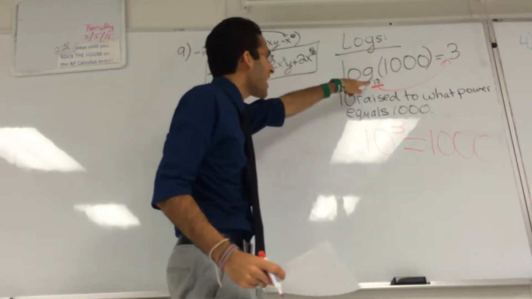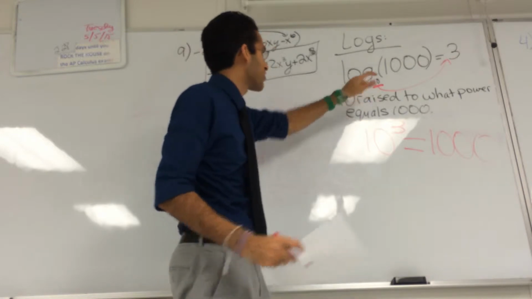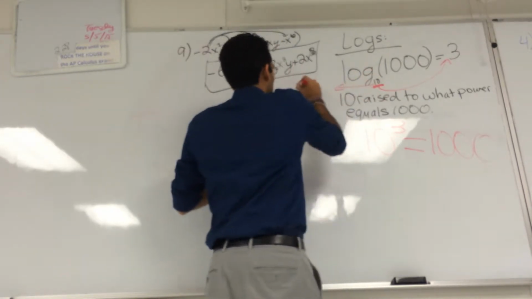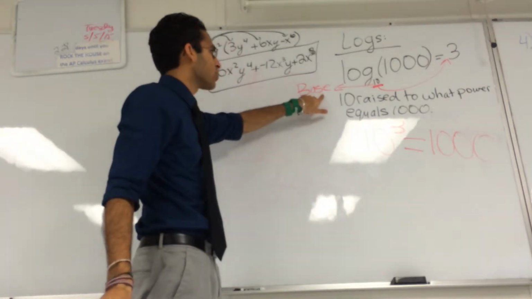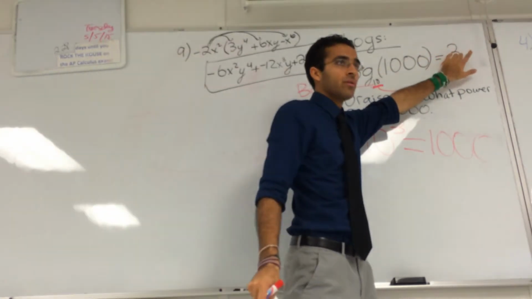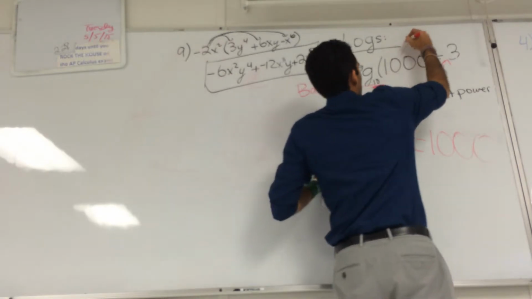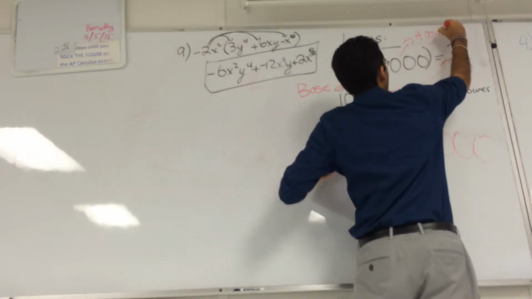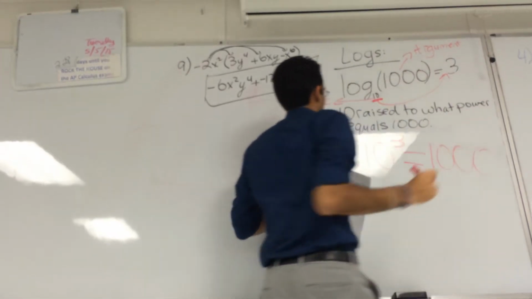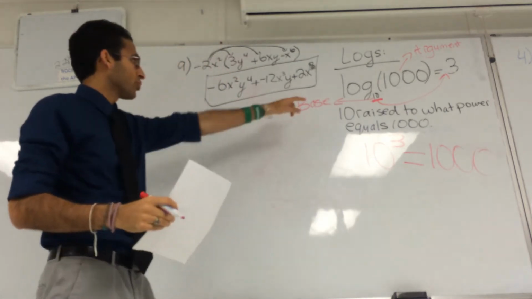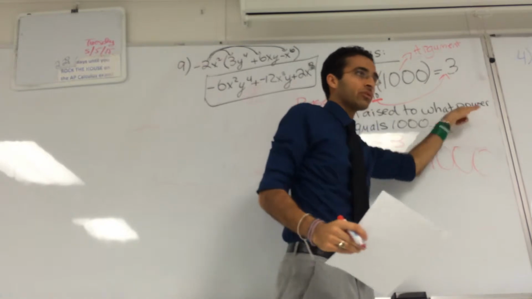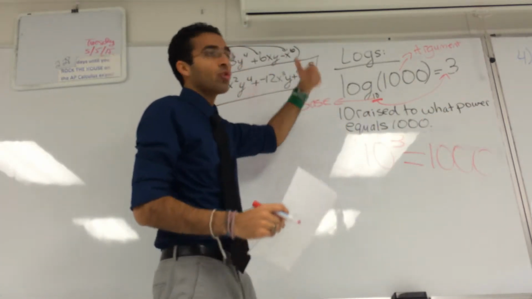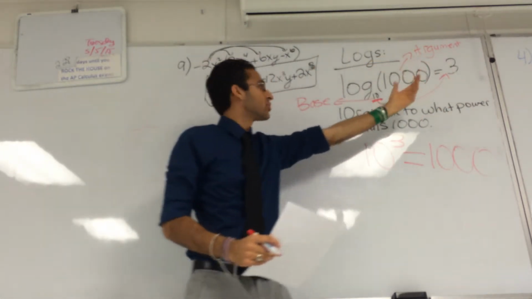We're meaning that number, the base, we call this the base. The base raised to what power gives me, let's call this the argument. So the base, 10, raised to what power, that's what I'm solving for, gives me the argument, 1,000.